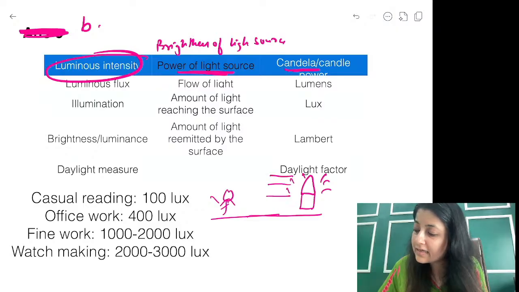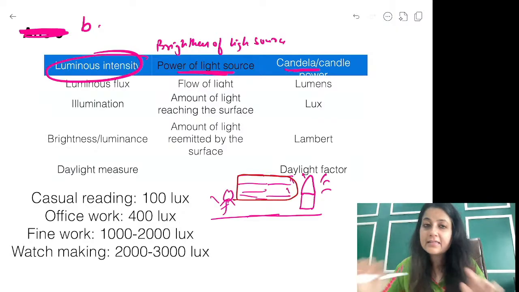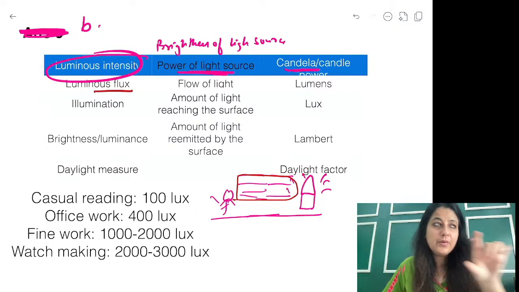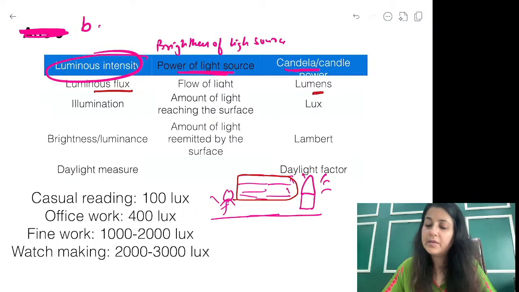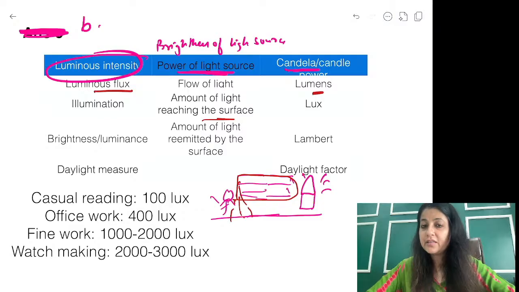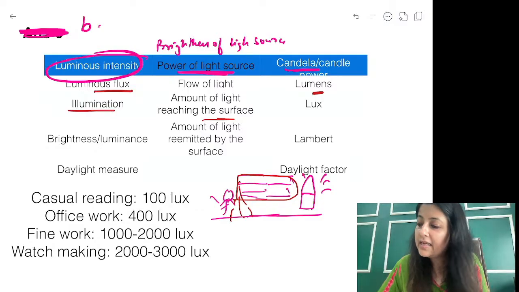Then the light is flowing. This flow of light, guys, is flux, flowing through a tube in a completely organized way: lumen. Then it falls on the surface, just like light is falling on my table now. The amount of light reaching the surface illuminates it.